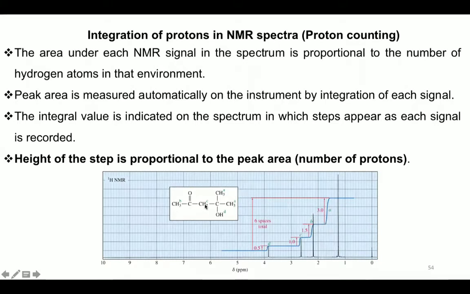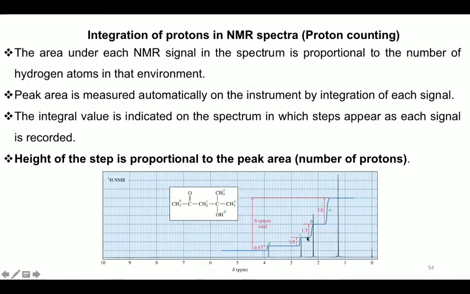Coming to CH2, CH2 has 1 proton less than the methyl group, and hence it is two-thirds of the peak B, and the C is appearing accordingly. The last one is the OH, that is the hydroxyl or alcoholic group, which is the D proton. It is having only 1 H, and hence it is showing a very short peak.